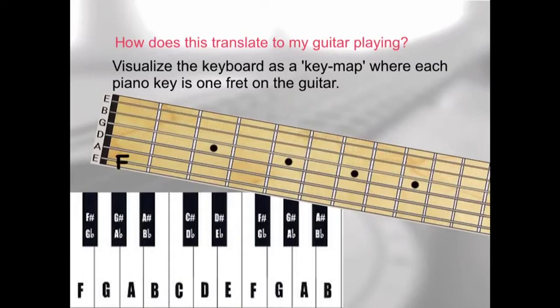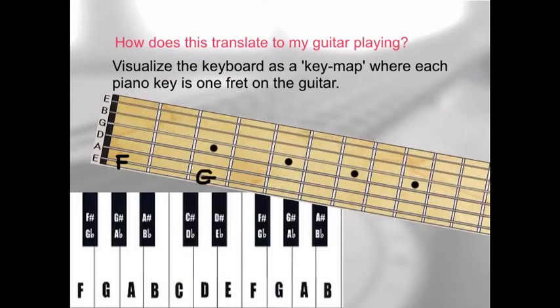This is just review from previous lessons, right? From your F, if you need to find G, you have to go up 2 more frets to find that G note. Or from the open E string, 1, 2, 3 whole frets, or 3 half steps. Right here is where we would find our G note.